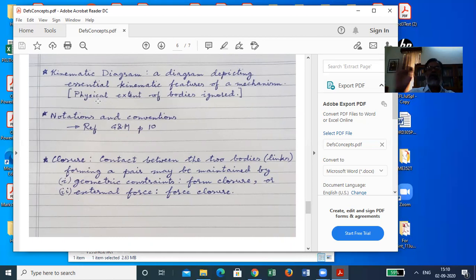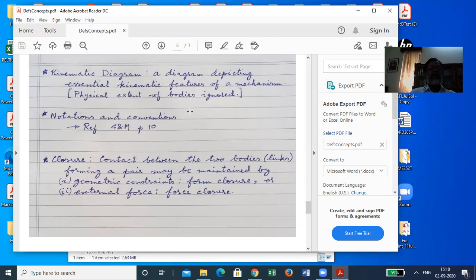So these individual diagrams are actually configuration diagrams or position diagrams. Similarly, you will have velocity diagrams and so on. But when you simply say kinematic diagram, then you typically mean position diagram. For velocity diagram, you have to say. Okay. Now, in this, you see all the kinematic features are important. Physical extent, not important.